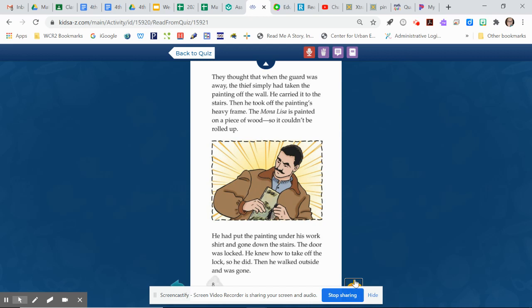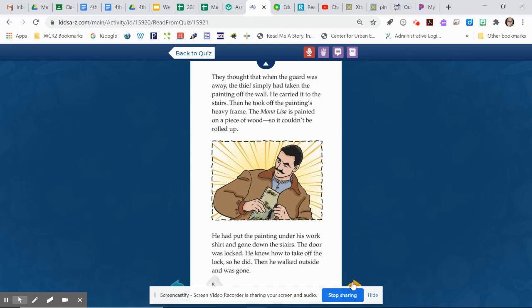They thought that when the guard was away, the thief simply had taken the painting off the wall. He carried it to the stairs, and then he took off the painting's heavy frame. The Mona Lisa is painted on a piece of wood, so it couldn't be rolled up. He had put the painting under his work shirt and gone down the stairs. The door was locked. He knew he had to take off the lock, so he did. And then he walked outside.